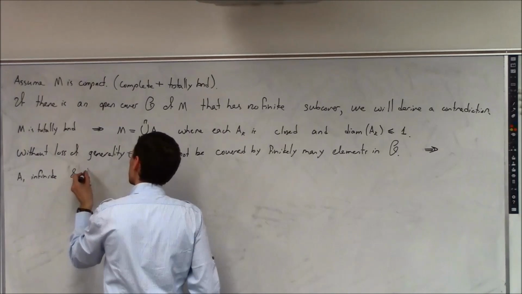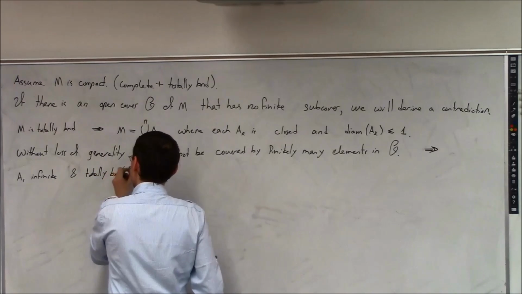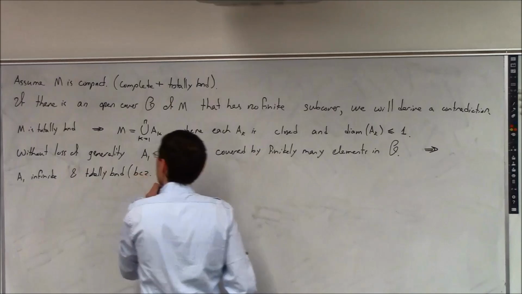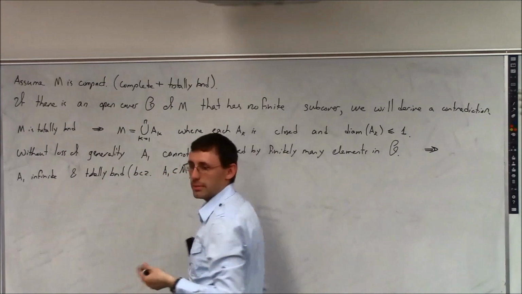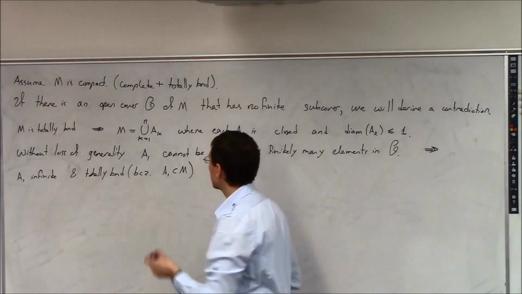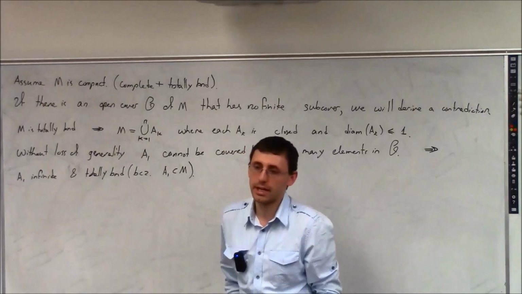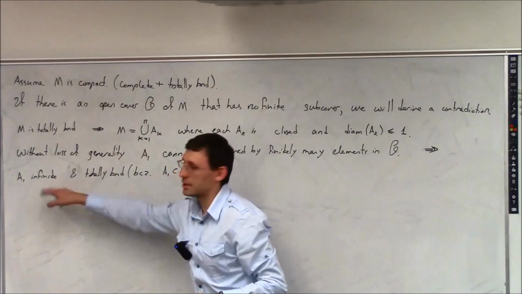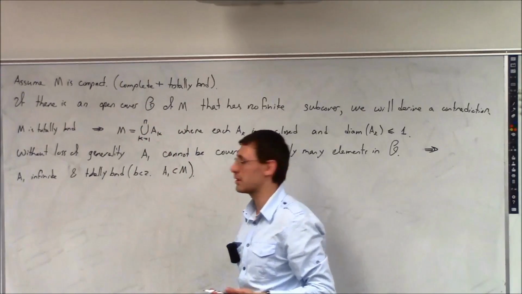Totally bounded because A_1 is a subset of M, and a subset of a totally bounded set is totally bounded. Okay? And infinite, because if it's finite, clearly it can be covered by, just take each element and take an open set that contains that element. It's an open cover. It has to contain everything.